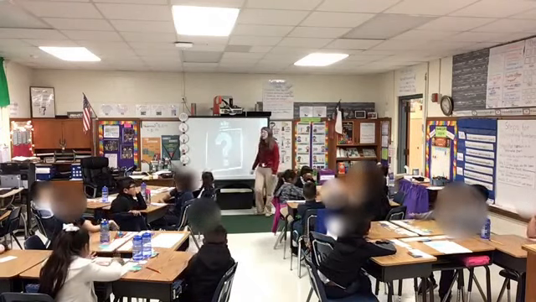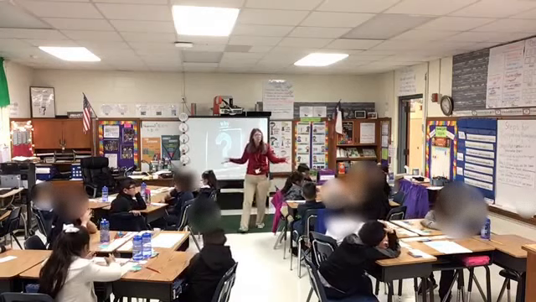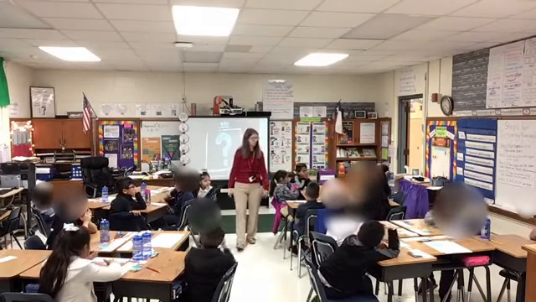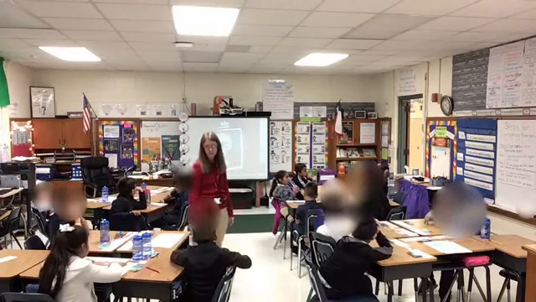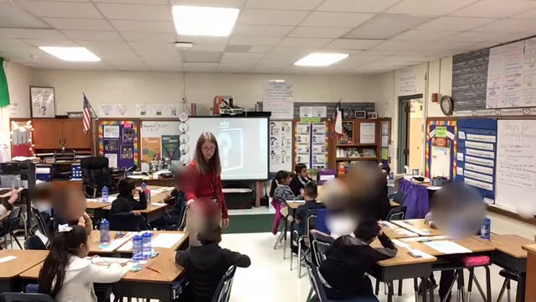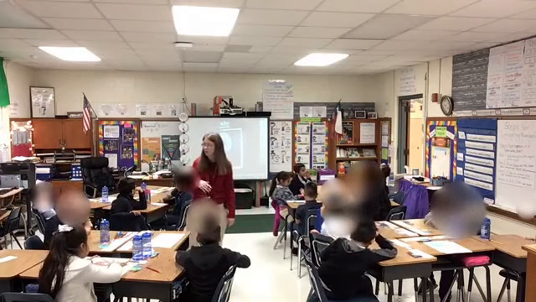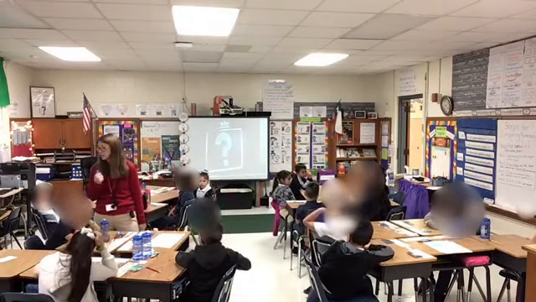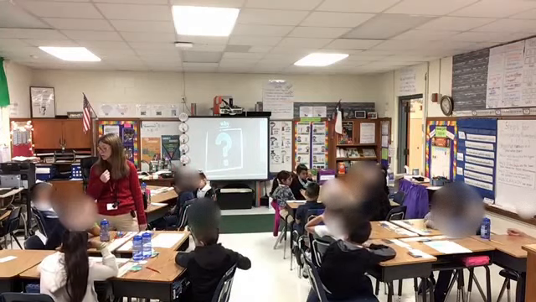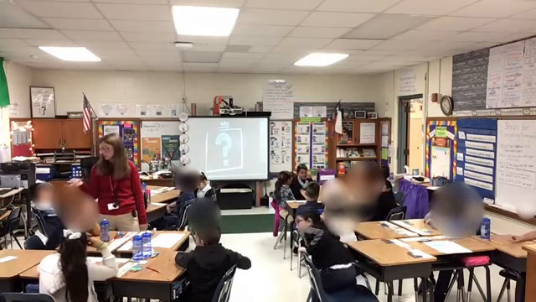So why do you think it's important that we compare things? Why do we need to know that, Saul? We can know which one is greater or less. That's right, so we can know which number is greater or less. But let's think about when we go home. Why might it be important? George? Because we can find the total.